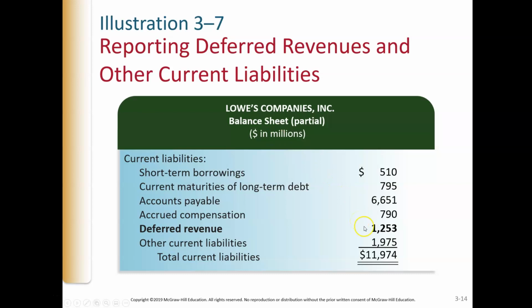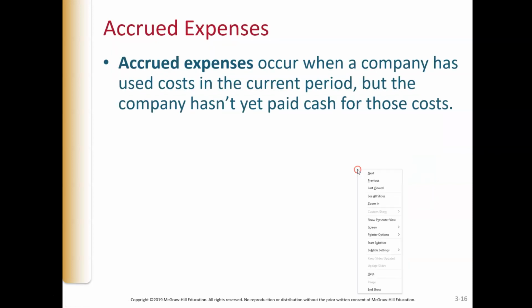That means add 6 zeros. Deferred revenue in a big company like this could be something like gift card sales. Gift cards are not recognized as revenue until someone actually brings them into the store and receives a product for them. So deferred revenue can be a big deal in companies.